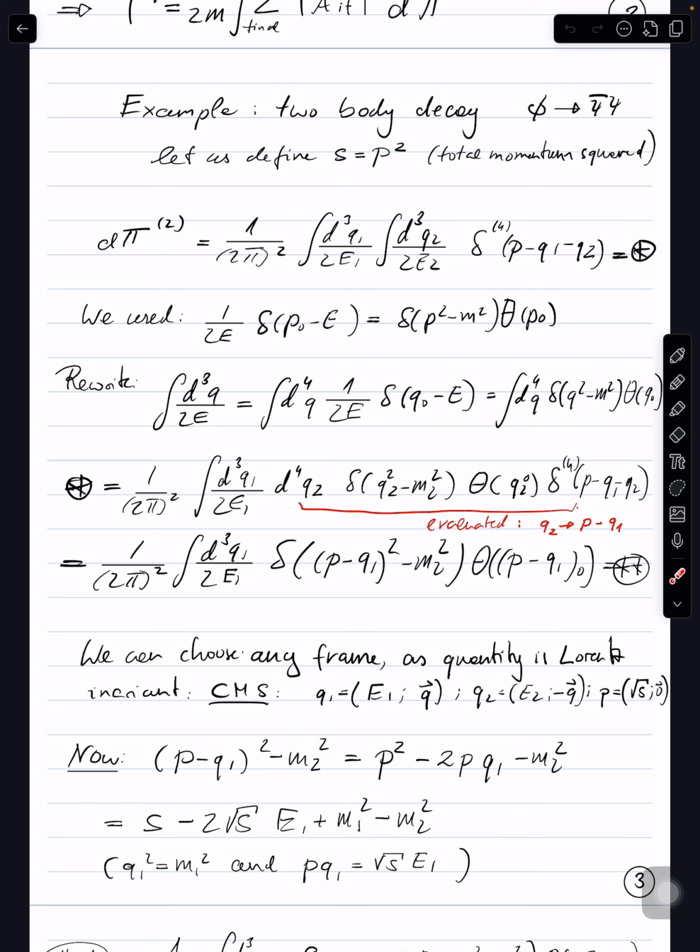So we can rewrite this measure as having a delta function in it.